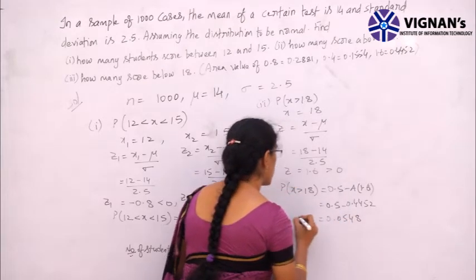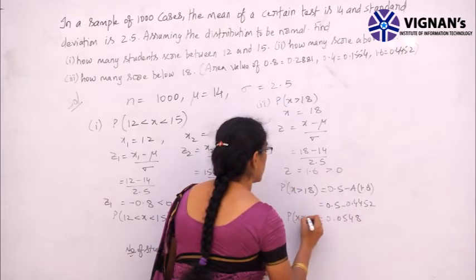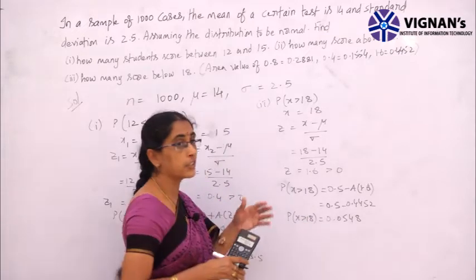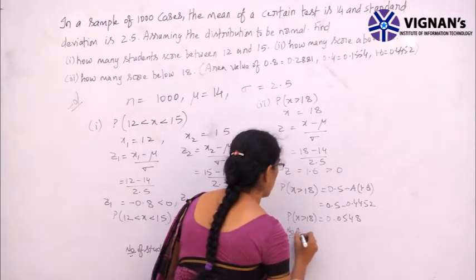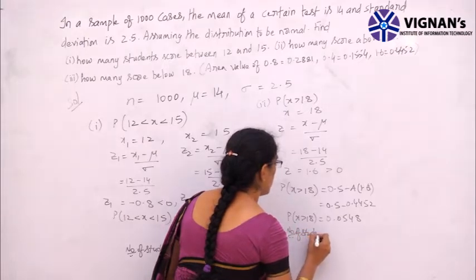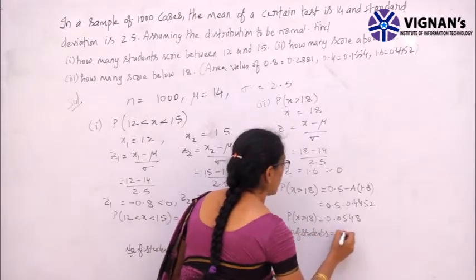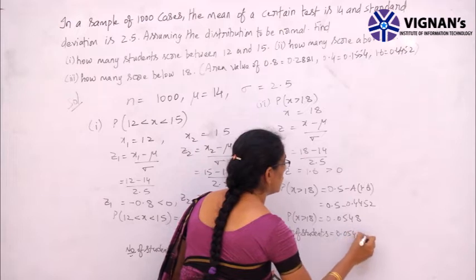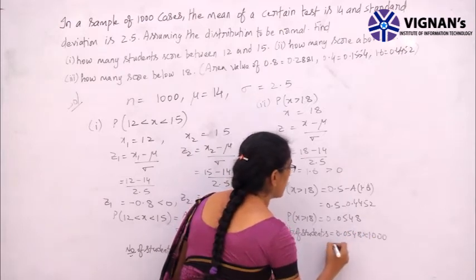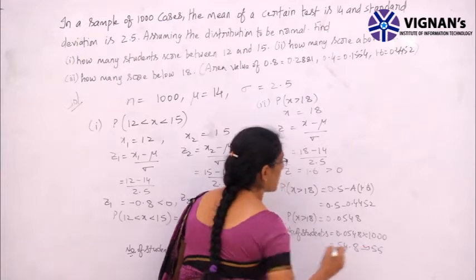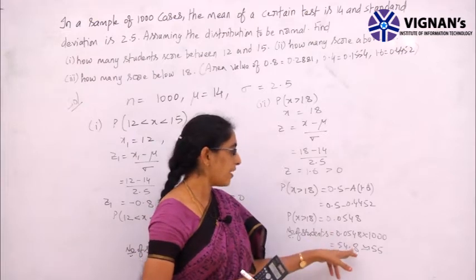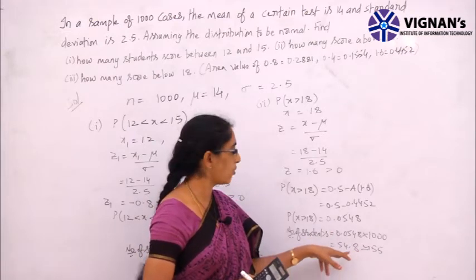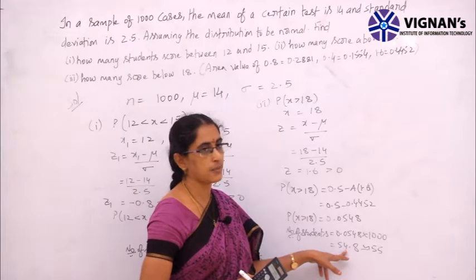So this is the probability that they get above 18 marks. But how many students? So again, number of students is equal to 0.0548 into 1000, that means 54.8. So approximately 55 students will get the marks above 18 here. So after decimal you have 8, means you just round off to the next digit in ones place.